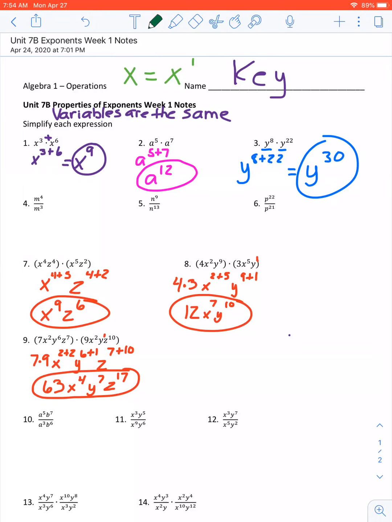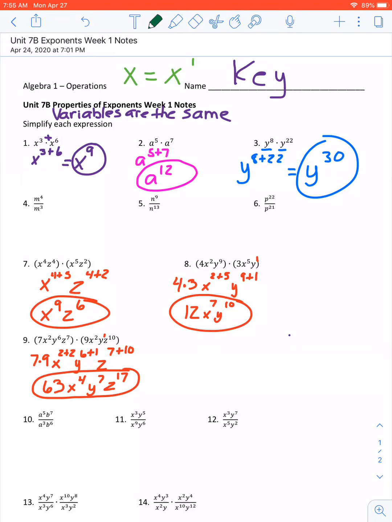So on Monday what we did problems like 1, 2, and 3. When you have the same variable bases, you add exponents. Then on Tuesday we kicked that up a notch, with problems like 7, 8, and 9. What happens if you have multiple variables with the same exponents?